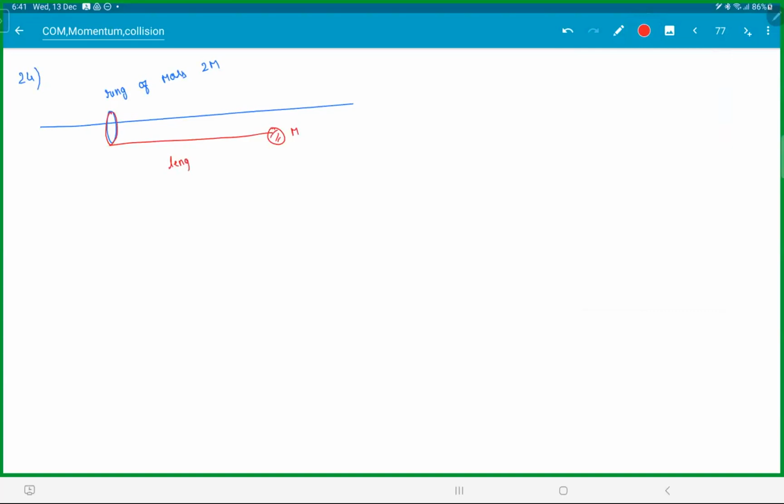The string has length L. The ring can slide freely on the horizontal rod, connected to a ball with a string of length L. Gravity is there.